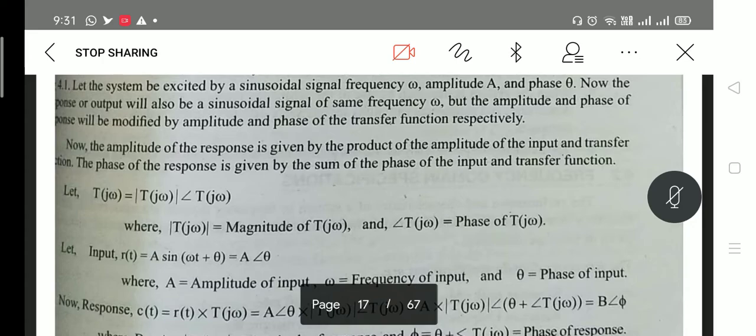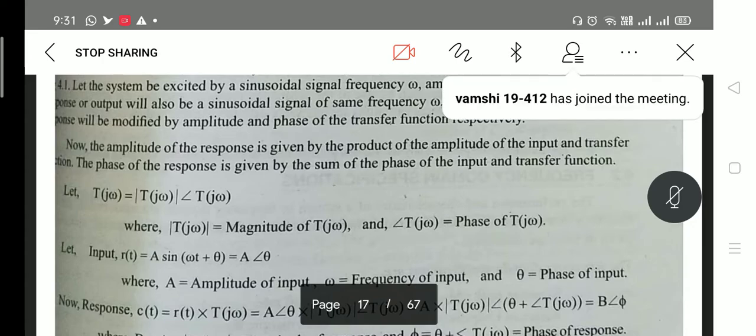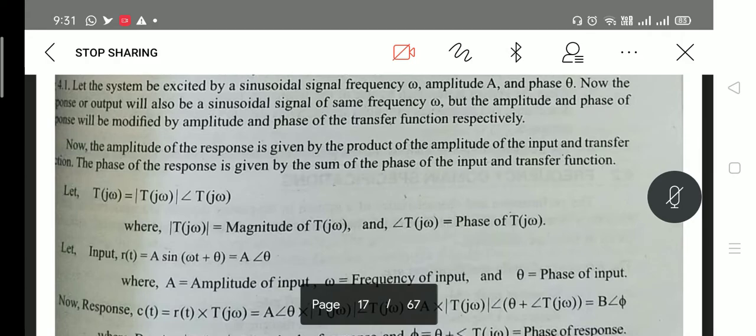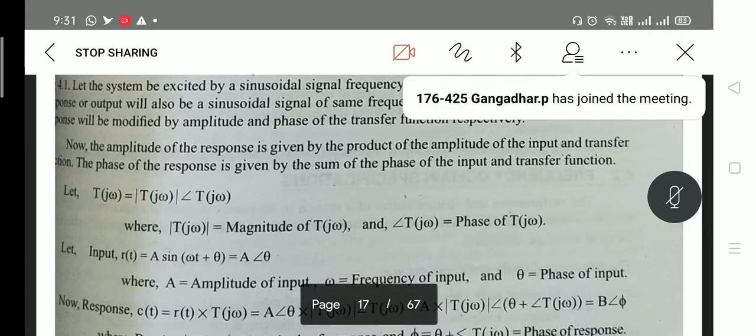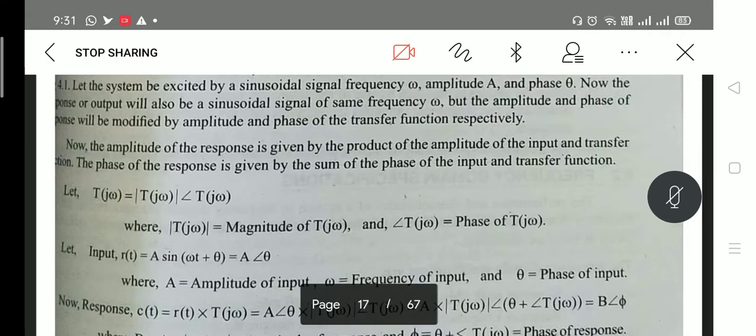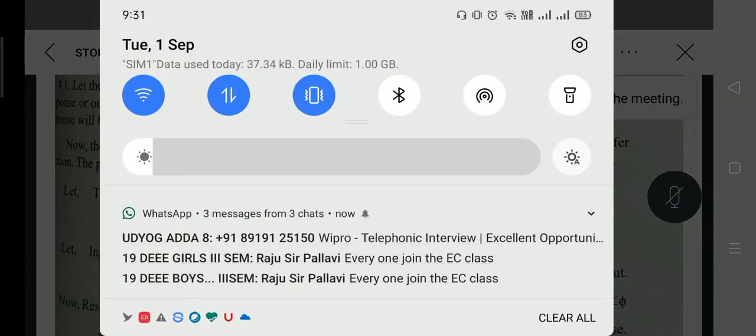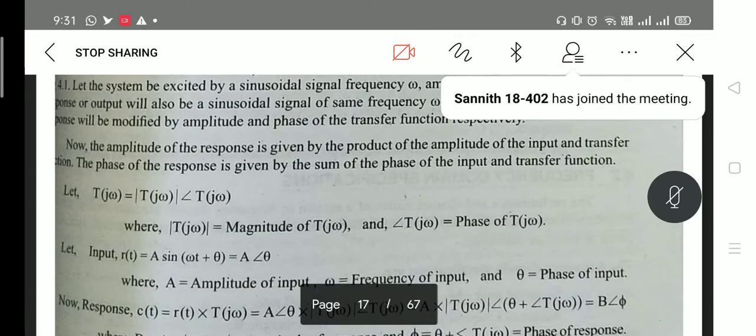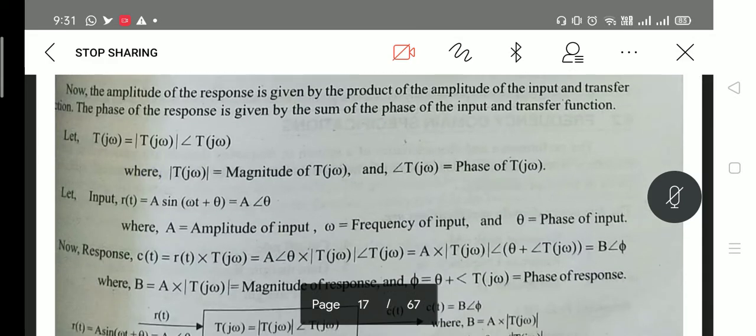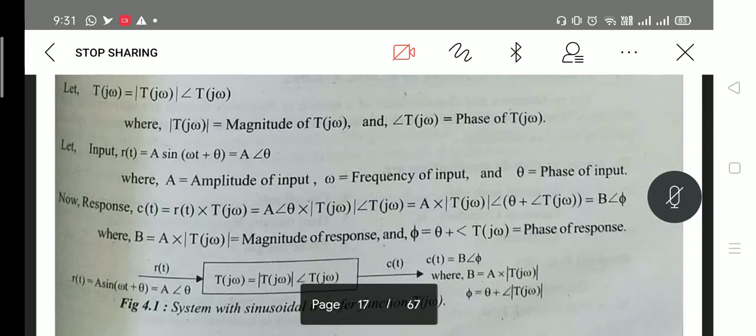In this frequency response analysis, we can see in graph sheet, we can measure the magnitude and phase of the system. Okay, magnitude and phase of the system. In this frequency response, only three topics are there.